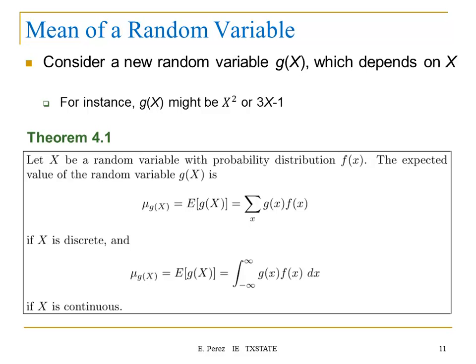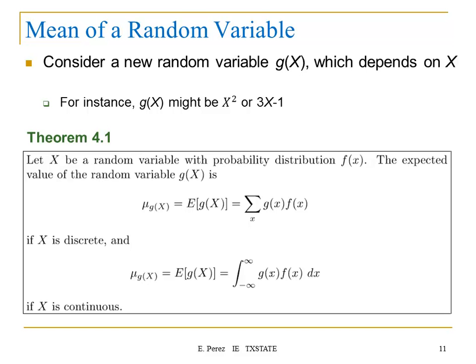And that's this case. So now we're going to consider a new random variable, which is given by g of x, which depends on x. For instance, we can have x squared or 3x minus 1. And what we're going to do is to find the expected value of that random variable, g of x.